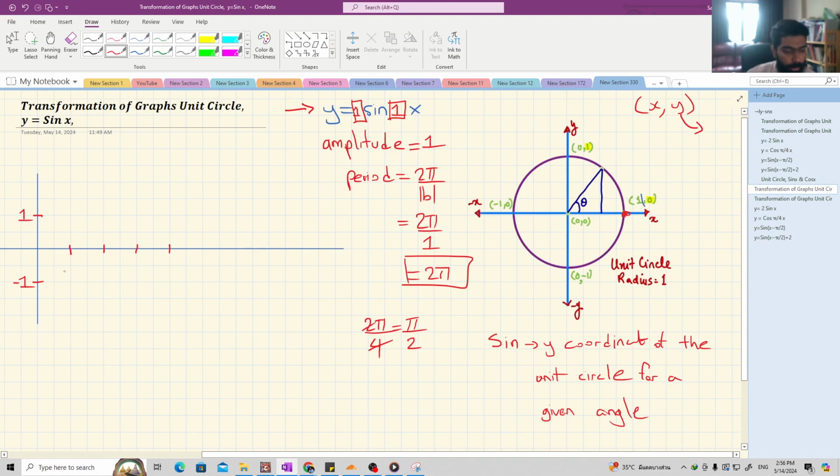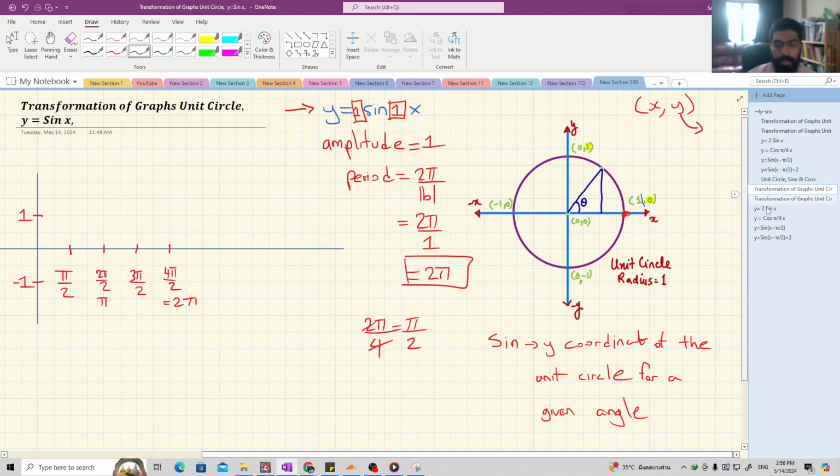The first one is pi over 2. The second one is 2 pi over 2, which is also equal to pi. The third one is 3 pi over 2. And the last one is 4 pi over 2, which is also equal to 2 pi, which is right here, the period, right, guys? Now, let us go ahead and start graphing.